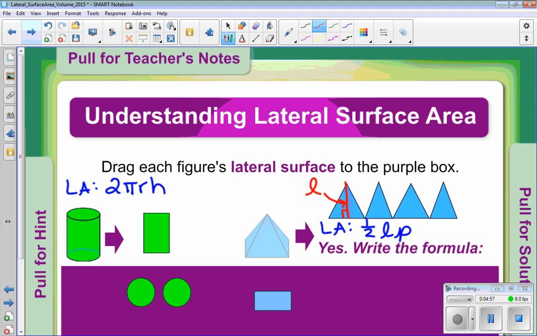I think there's a guide at the bottom that might help you on your formula sheet. What does lowercase p stand for? Perimeter of the base. It should say that at the bottom, does it not? It doesn't? Really? Oh, it doesn't. It gives you everything but.